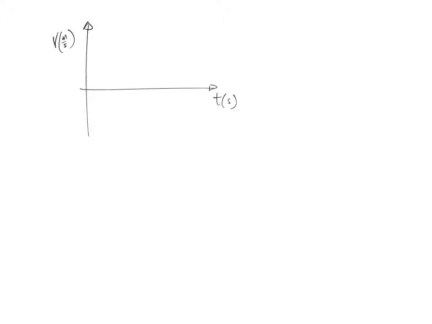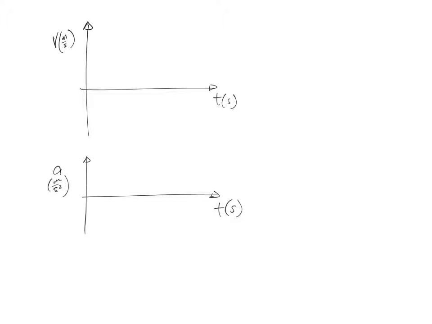I would encourage you to just get in the habit of stacking an acceleration graph below your velocity graph. So there's my acceleration graph, and the units I'm given are meters per second per second. Okay?